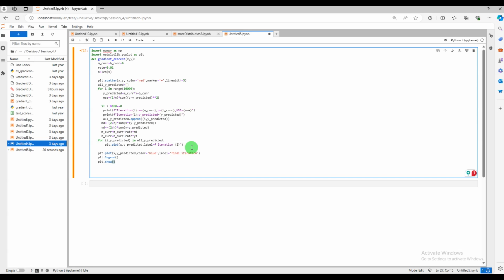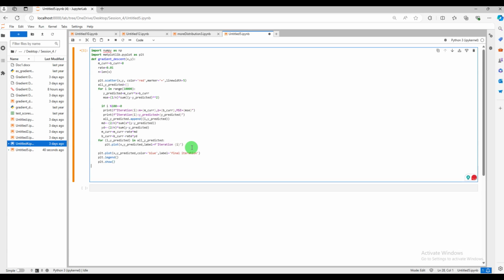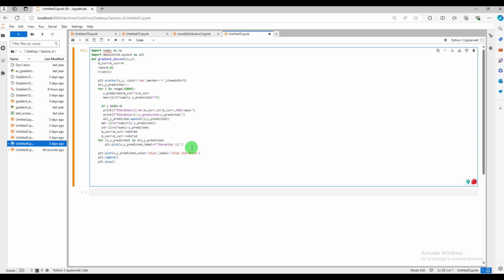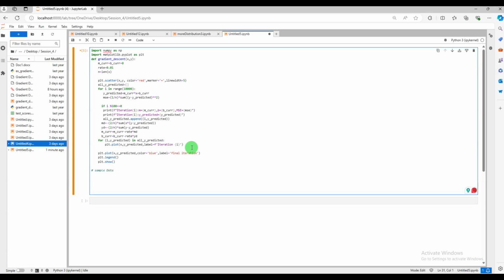Okay, after this section, define the input data x as a numpy array and also define the target value y as a numpy array. So we need to define sample data, x equal np.array.